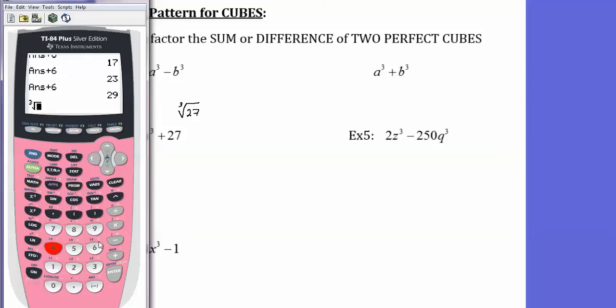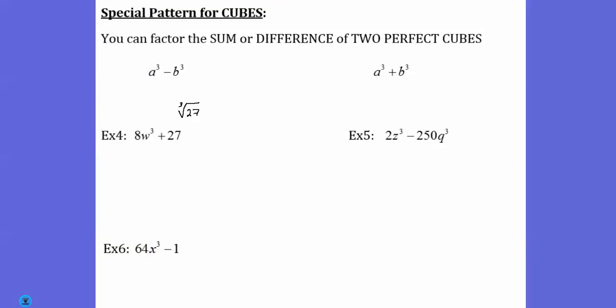And then I could type in 27 and indeed prove to myself that the cube root of 27 is in fact 3. What that means is that 27 is really going to be 3 multiplied to 3 multiplied to 3.